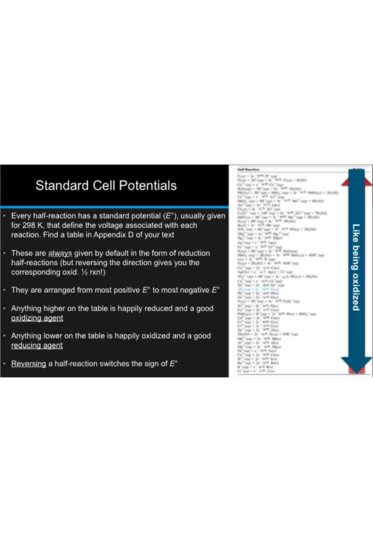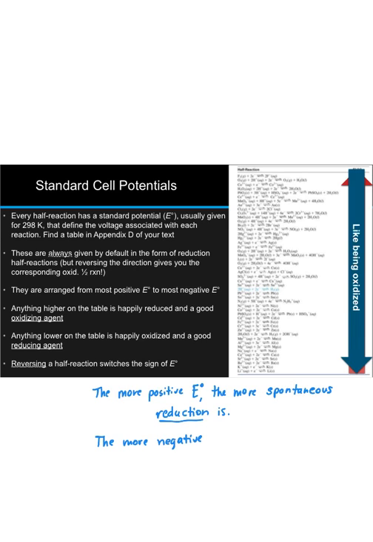And this result gives us one way to compare qualitatively E values. The greater and more positive an E value for these standard reduction potentials, the more spontaneous reduction is. And conversely, the more negative these E values, the less spontaneous reduction is.